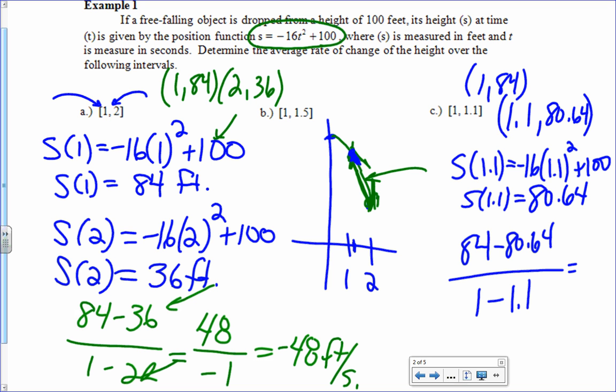Can we agree it's going to be negative, though? I mean, just based on the graph, we should know that it's going to be a negative answer. And I think I got negative 33.6 when I did it. So negative 33.6, and it's still feet per second.